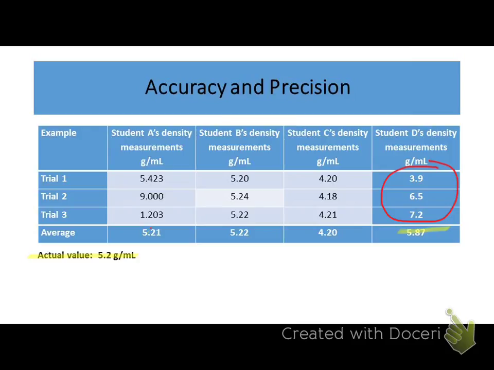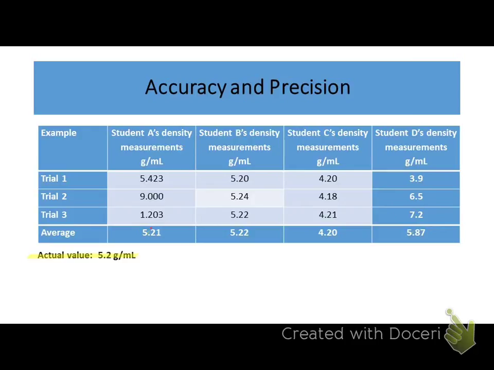What about student D's precision? Are the 3 data points in trials 1, 2, and 3 consistent? Are they close to each other? Are they grouped well? The answer that I would say is no. So I would say that student D is not accurate and is not precise.